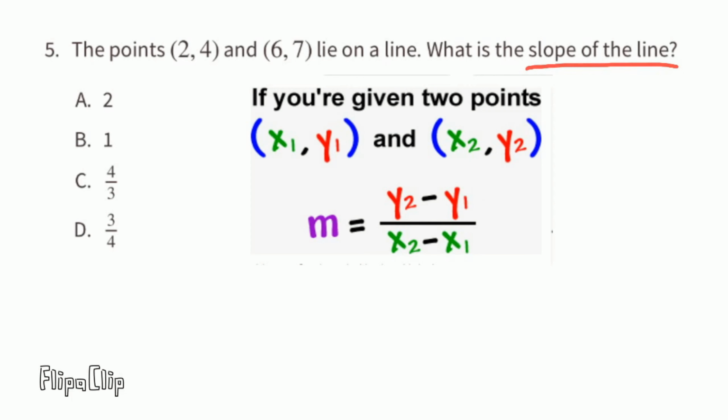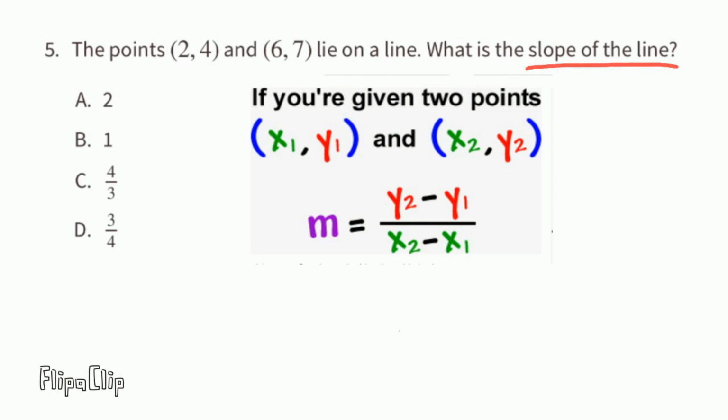M, the slope, will always be equal to the difference of the y values divided by the difference of the x values. So we can write this as m equals y2 minus y1 over x2 minus x1.